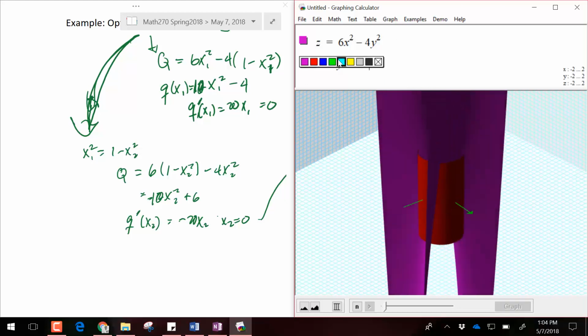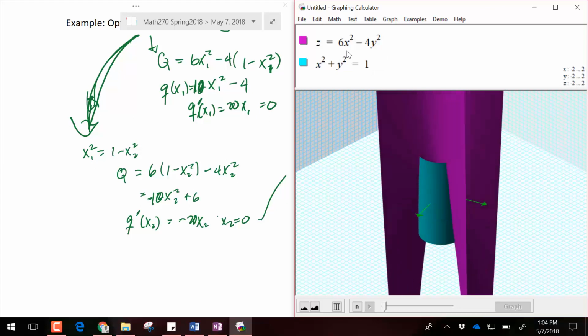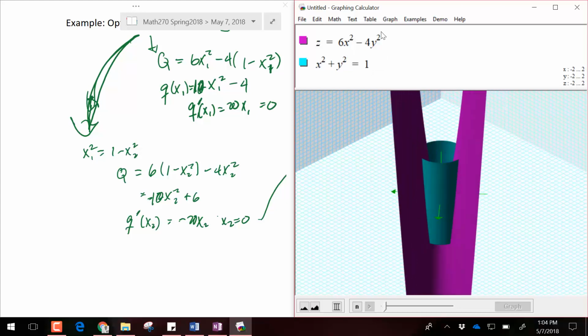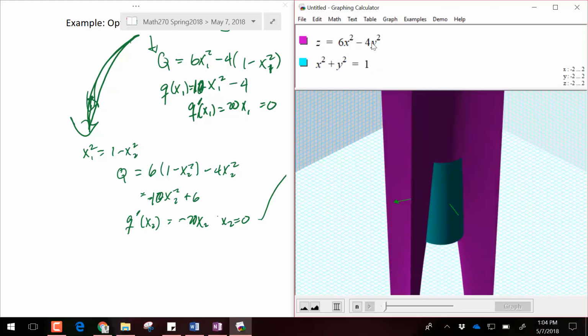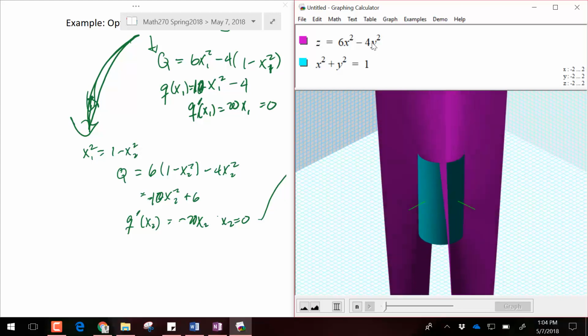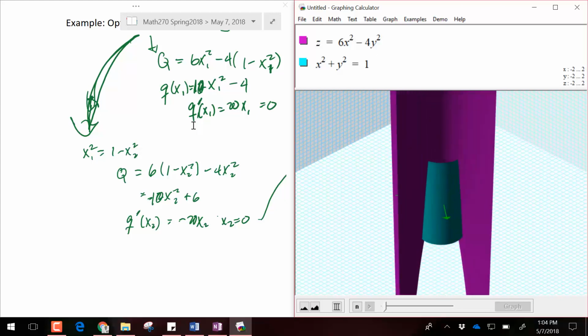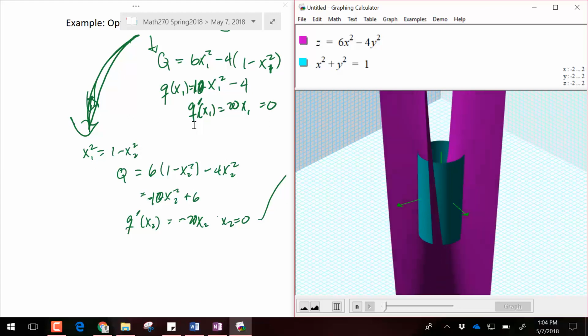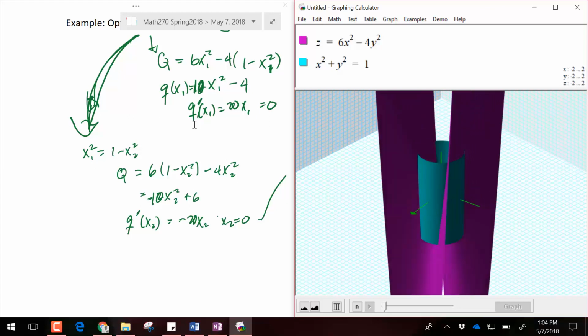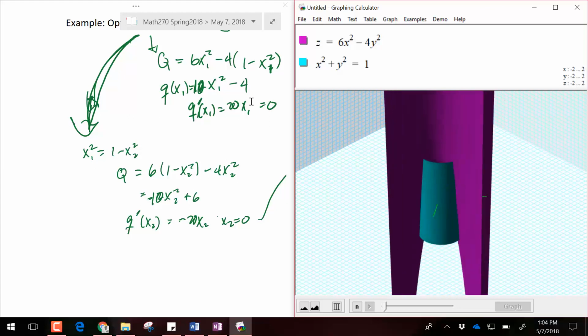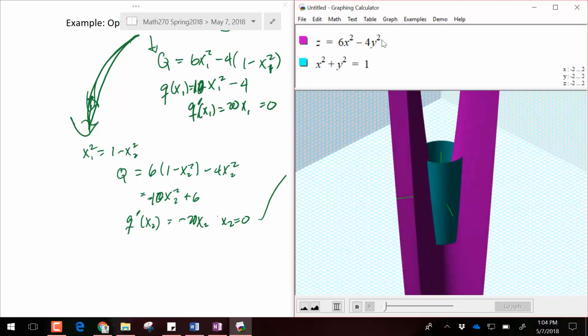That's kind of hard to see. For the cases that we're going to do in this class, we're going to constrain it to just a circle. In Calc 3, you can make it whatever you want, and then you'll have to figure out.